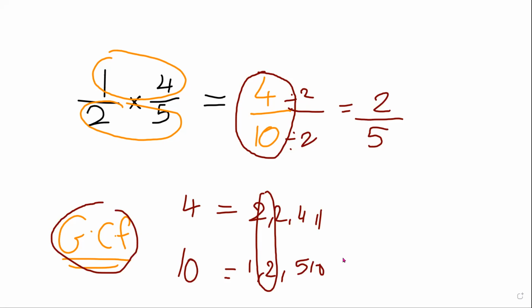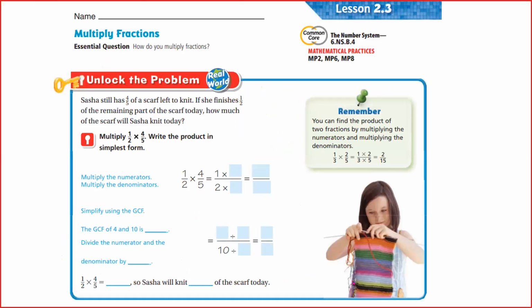Now let's go back here. On your copybook, page 81, as I told you, you have to multiply the numerators, 1 times 4, and 2 times 5. 1 times 4 is 4. 2 times 5 is 10. Now write the product in the simplest form. So I need to simplify. How can I simplify?